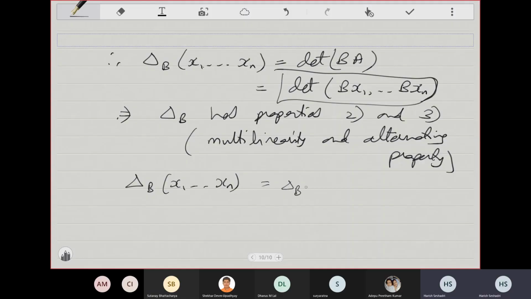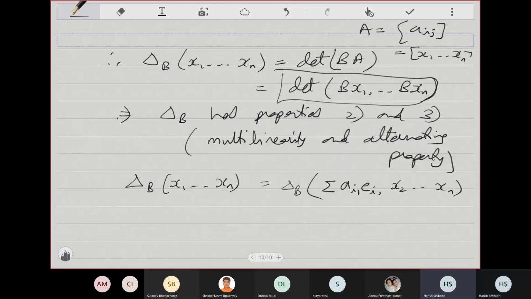We start expanding this. By the way, I'm sort of switching back and forth between the A. When I think of A, it's the matrix Aij, but in column vectors, it's x1, x2, ..., xn.